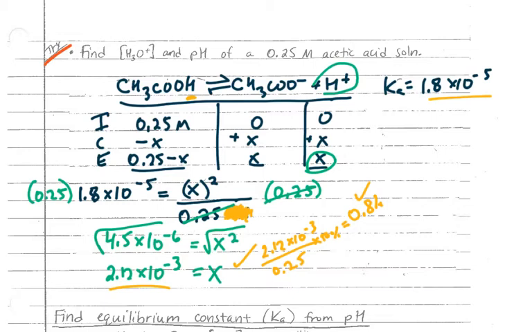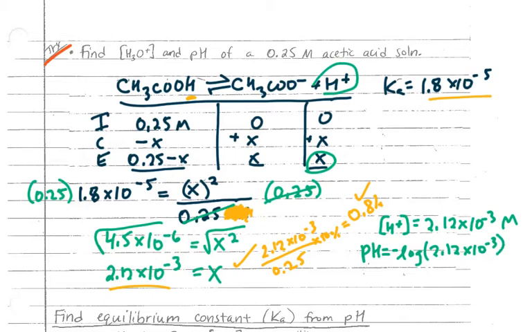So our answers here are that the concentration of hydrogen or hydronium ions is 2.12 times 10 to the negative third molar at equilibrium, and the pH is the negative log of that, negative log of 2.12 times 10 to the negative third, which should be around 3, and it is in fact 2.67.